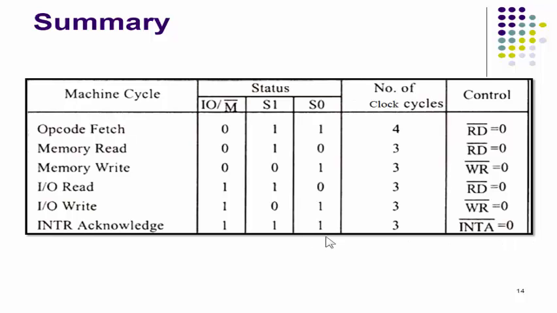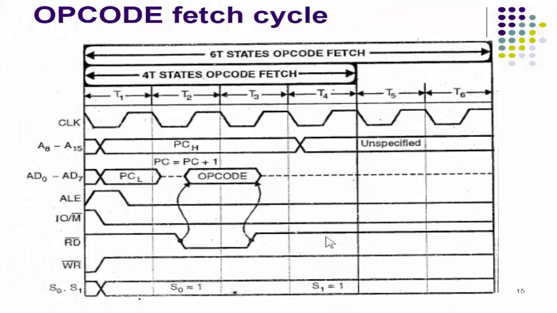And finally the interrupt acknowledge cycle, where IO/M bar equals 1, S1 and S0 are both 1. 3 T states, and INTA bar you will find logic 0.